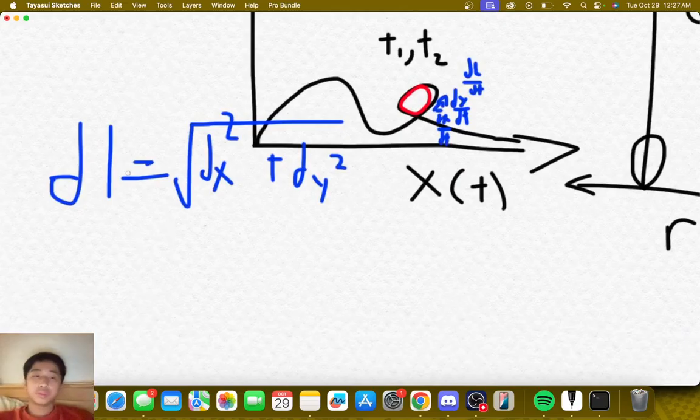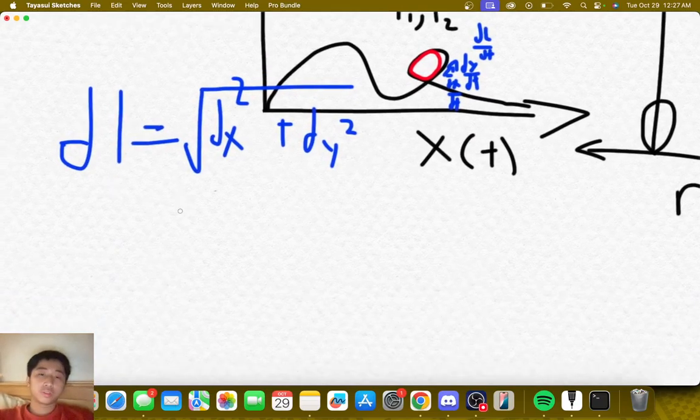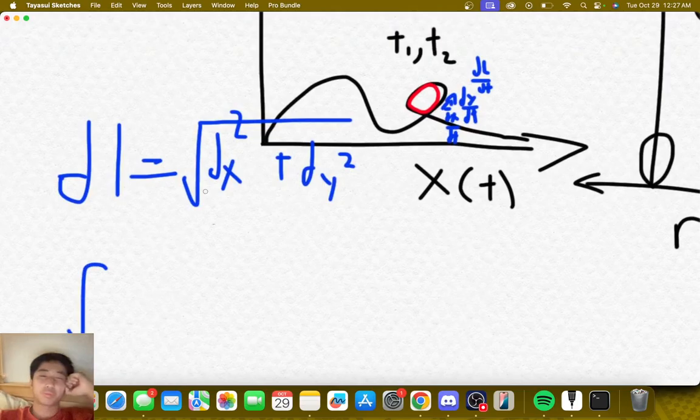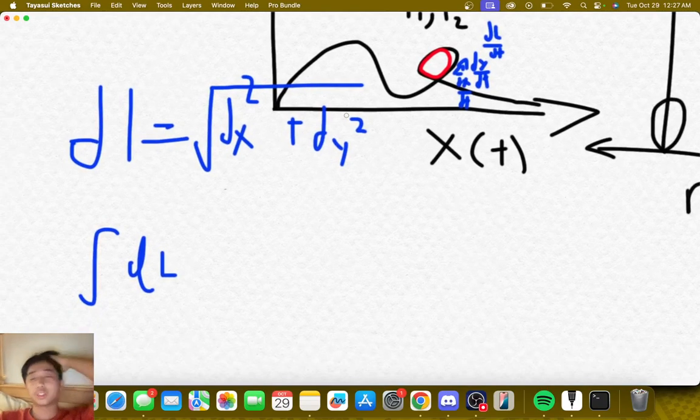But if I were to get the integral of this, I would need dt, right? Since this is a derivative of time, I don't necessarily need a dt on this, but the fact that there's two dx and dy, and there's nothing connecting them other than time, we're gonna need a dt here.